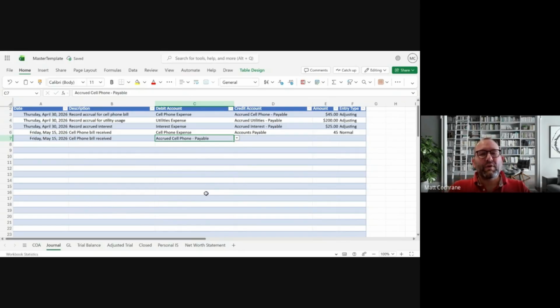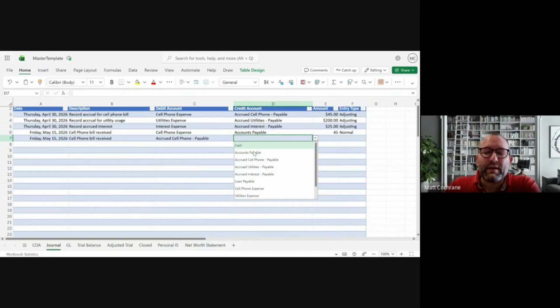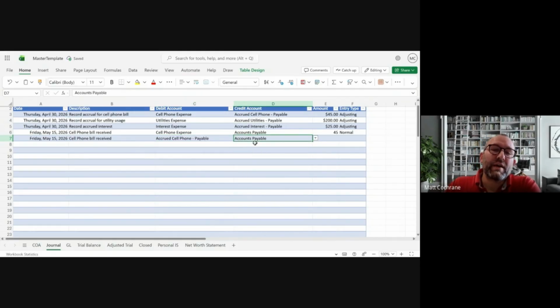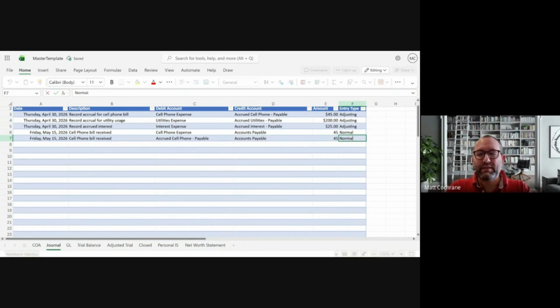We're paying for what we've used in the past, and we're paying for what we have currently used. So we're going to credit the accounts payable again for the 45. And again, this is normal. Okay.